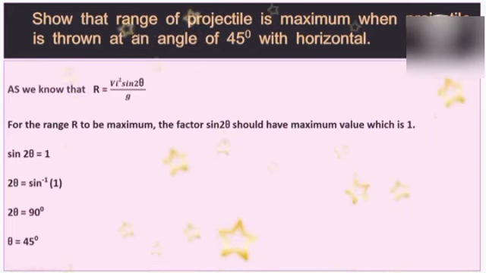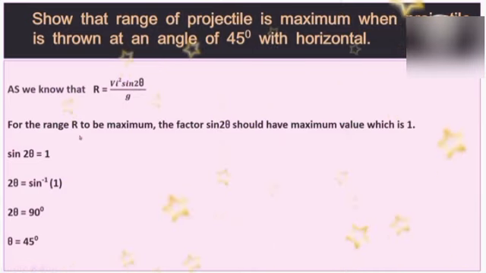Show that range of projectile is maximum when projectile is thrown at an angle of 45 degrees with horizontal. As we know that range of projectile is equal to Vi square sine 2 theta over g.